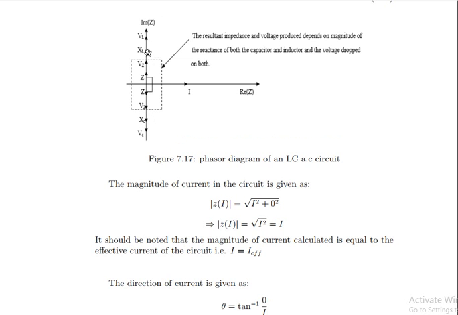We're going to have the reactance of the inductor here and the voltage of the inductor here. All the summations are going to vary with respect to the magnitude of the inductor and the magnitude of the capacitor. So the resultant impedance and voltage produced depend on the magnitude of the reactance of both the capacitor and inductor and the voltage drop on both.